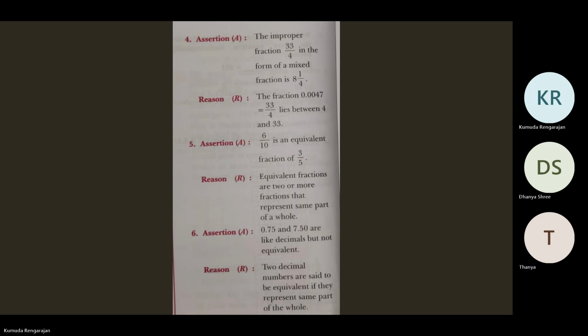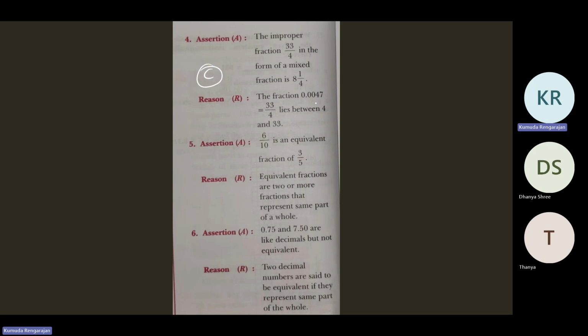Option C. The improper fraction in the mixed form is this one. Okay. The fraction 33 by 4 lies between 4 and 33. No, no. It lies between the fraction 0 point, this one, is equal to 33 by 4.